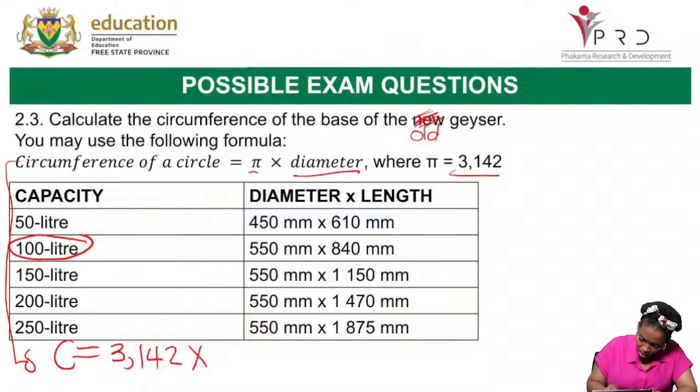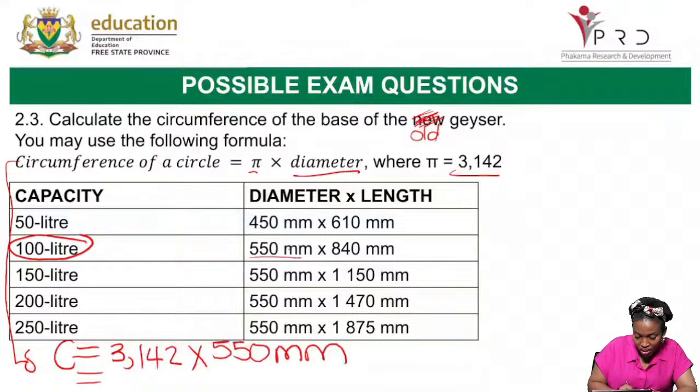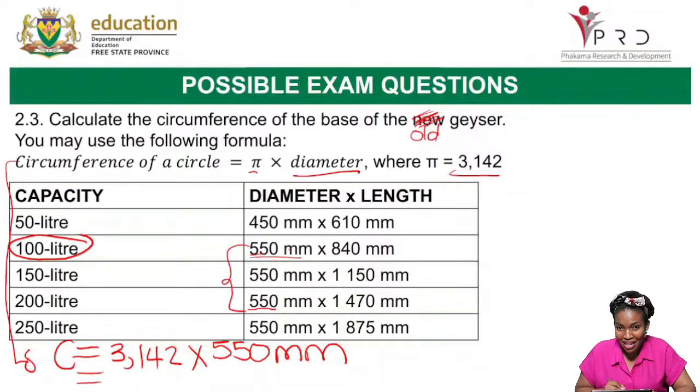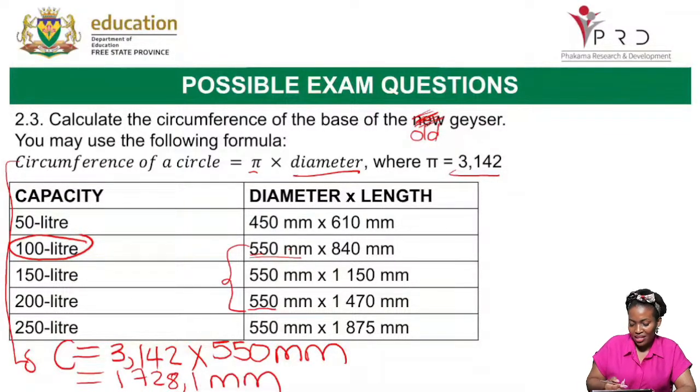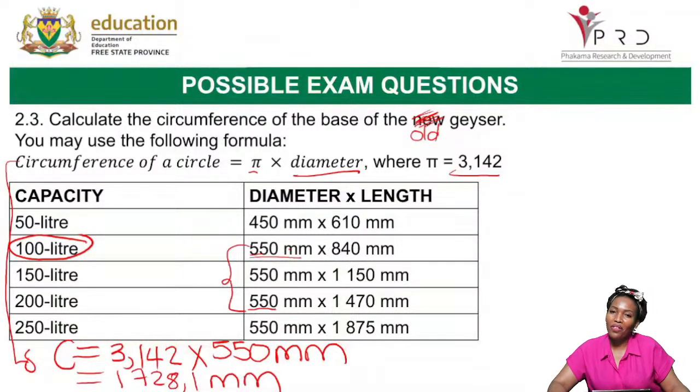The diameter of the small geyser is 550 millimeters. You must notice that because their diameters are the same, their circumference will also be the same. So the circumference of the bottom part will be the same, which is 1728.1 millimeters. That is the circumference of the old geyser. It is the same as the new one.